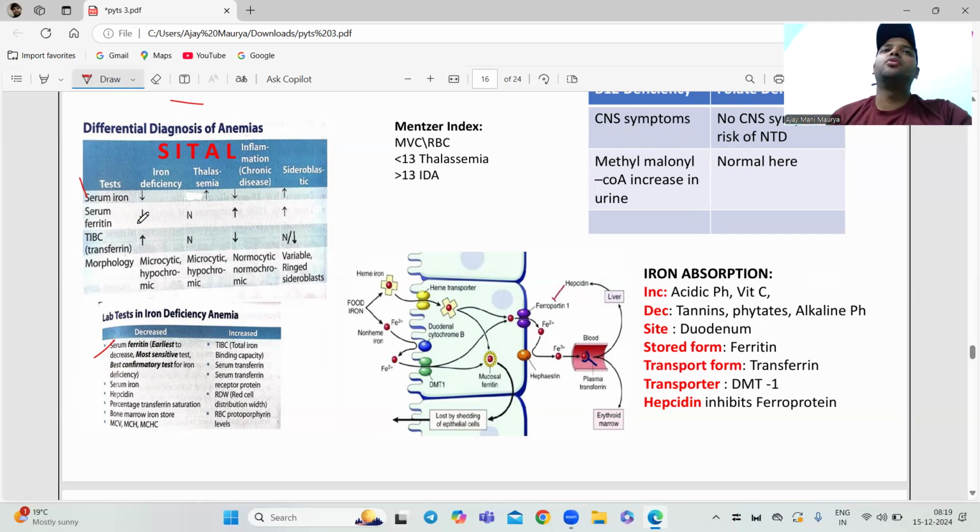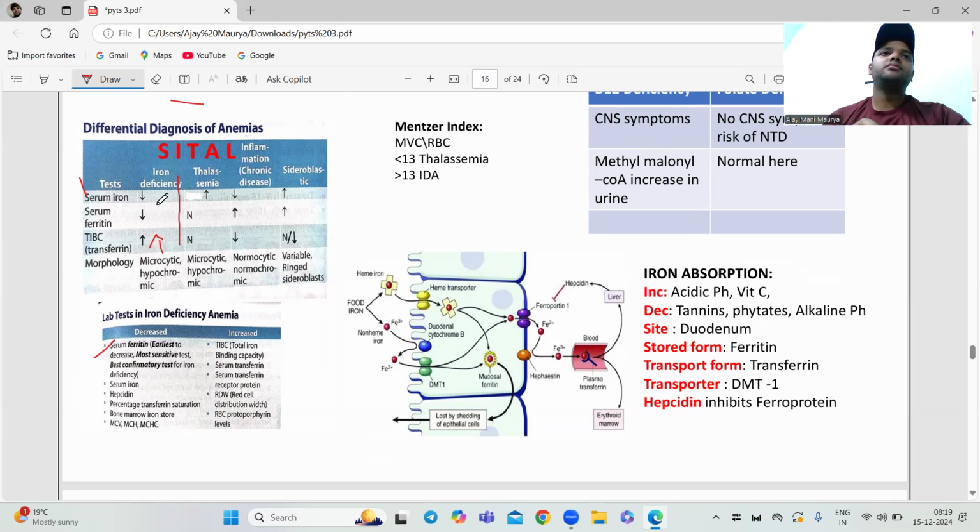If serum ferritin is more, then obviously TIBC is less. For iron deficiency anemia, serum iron is low, serum ferritin is low, and TIBC is high.